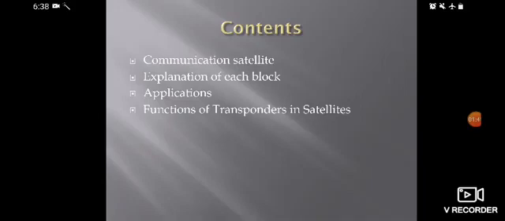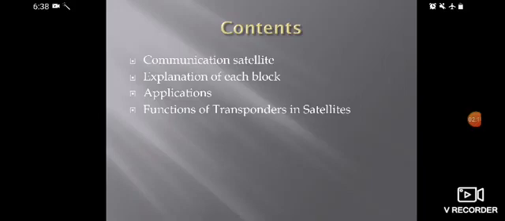We have a number of applications of the satellite, and we also have the classification of satellites, because satellites are divided based on a number of parameters. Based on signal processing, they are divided into active satellites and passive satellites, and based on height, into geosynchronous satellites and non-synchronous satellites.